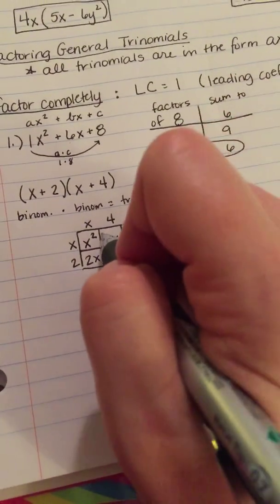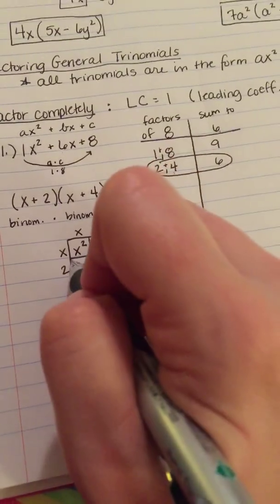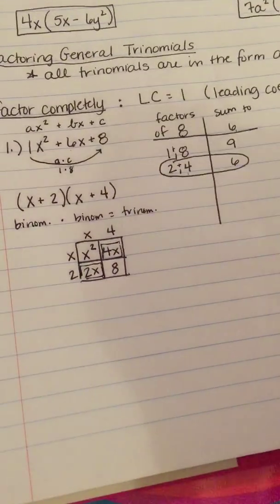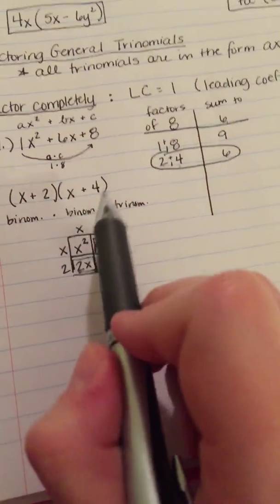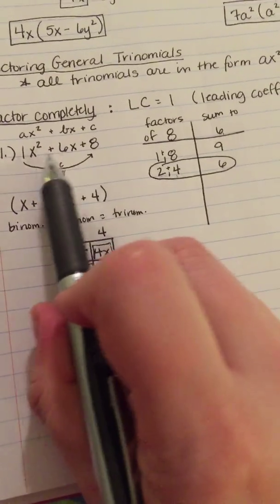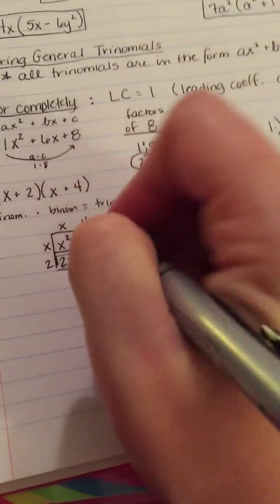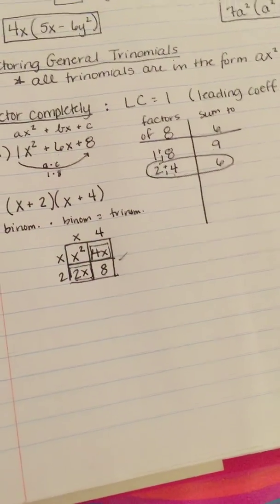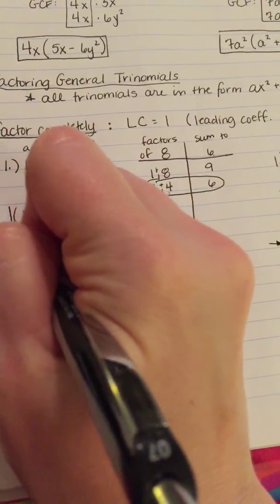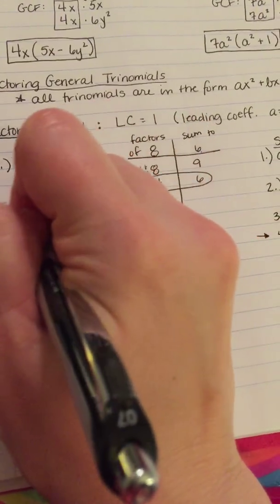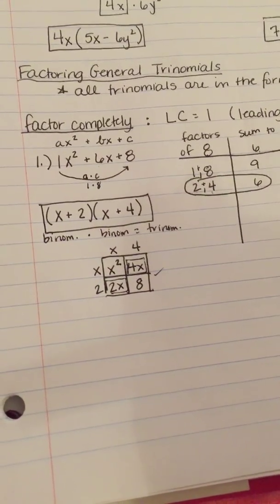When I combine like terms, I got a 2x and a 4x, which makes 6x. And there it is: x squared, 6x, and 8. That's how I know I got my answer right. So my final answer, the two binomials I multiplied together, are x plus 2 and x plus 4.